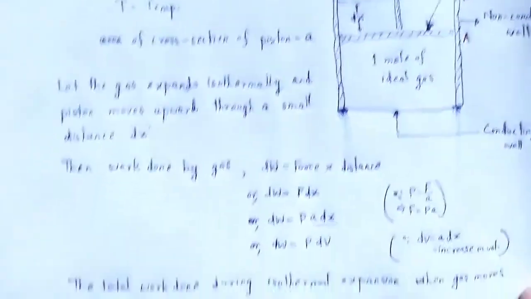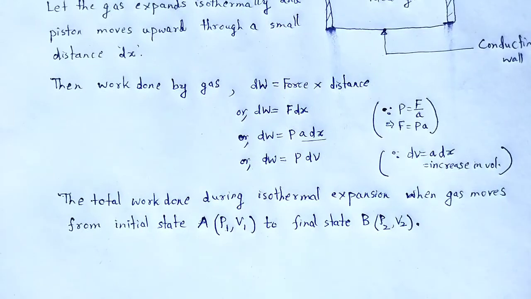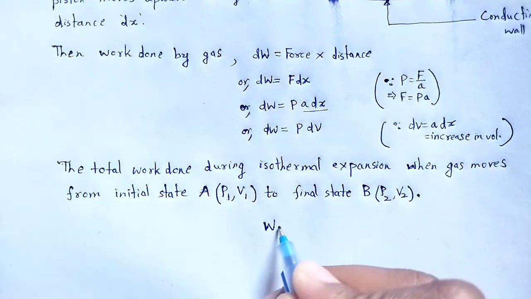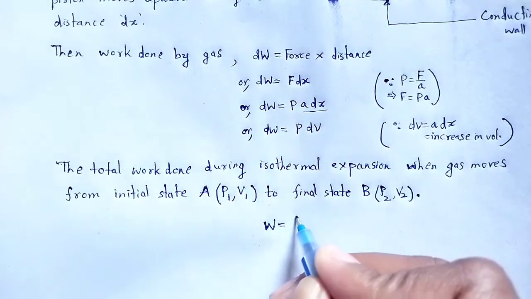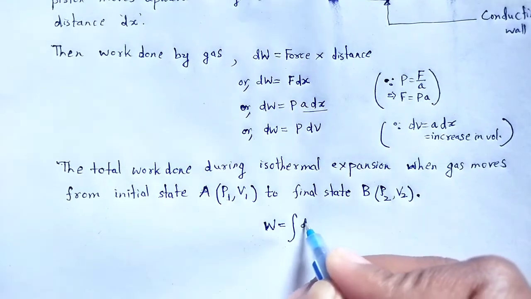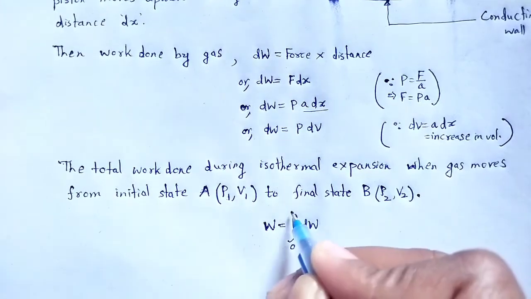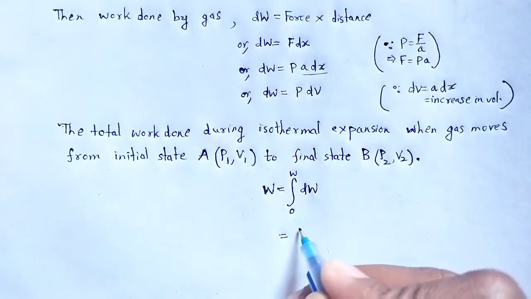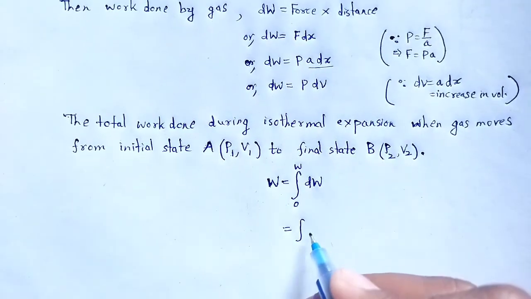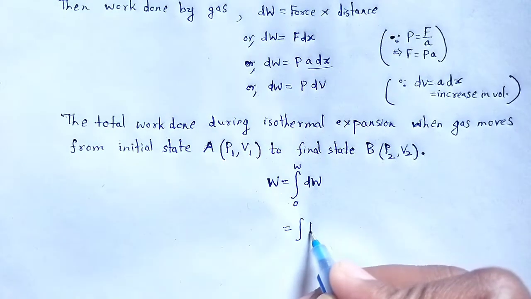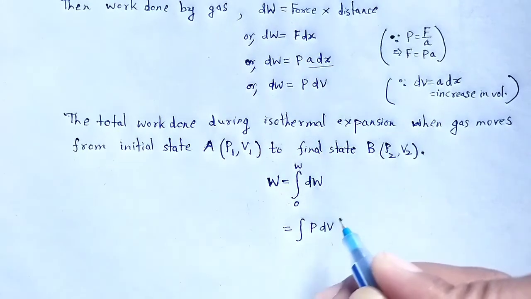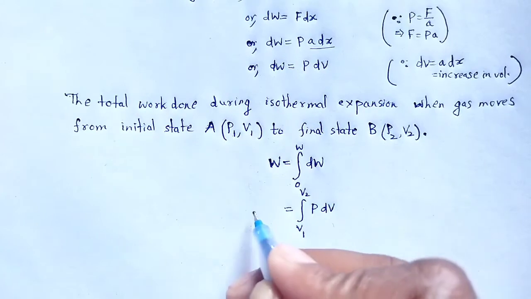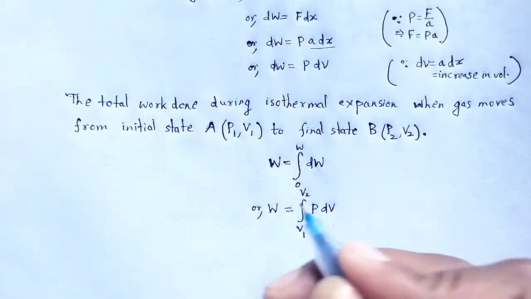So, the total work done W is equal to integration of dW, which is equal to integration of P dV, where volume changes from V1 to V2.